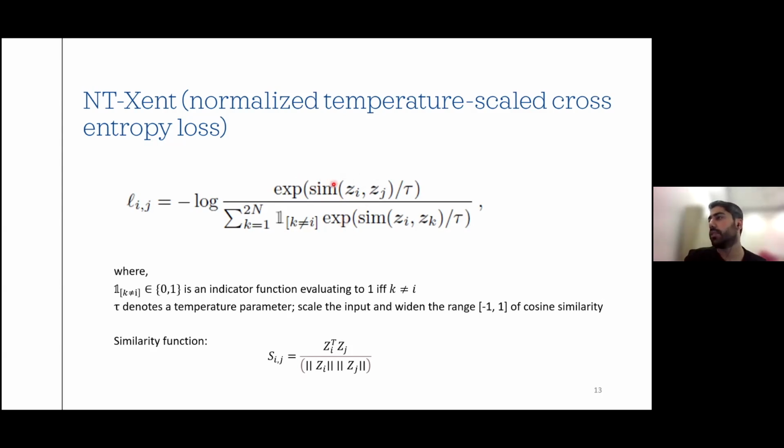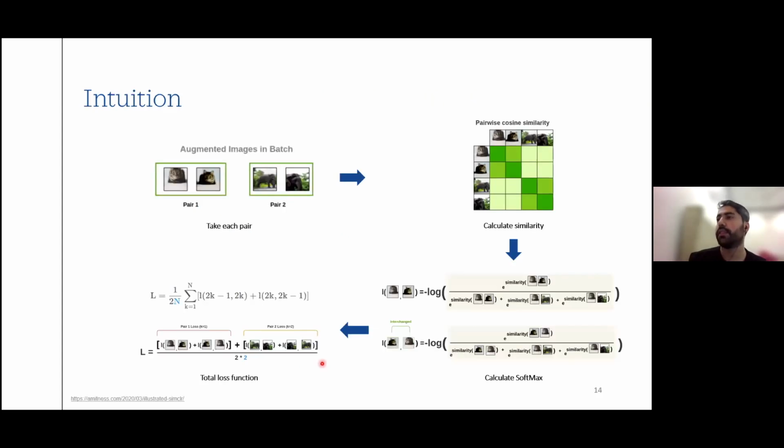And what this Zj means is nothing but cosine similarity, which is a normal function. So intuitively, what does this loss function mean? We have one image, and for each image we have 2 augmented views, and these 2 augmented views are put into the network.